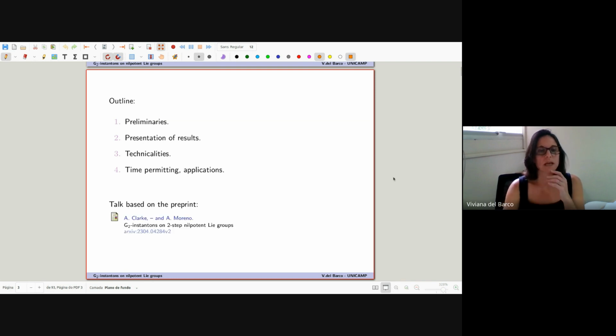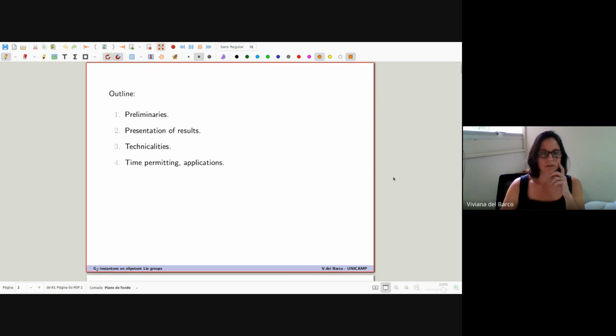Okay, so this is the outline. First of all, I will give some preliminaries on G2 structures and what a G2 instanton is. The preliminaries will also contain our setup and where we are looking for G2 instantons.